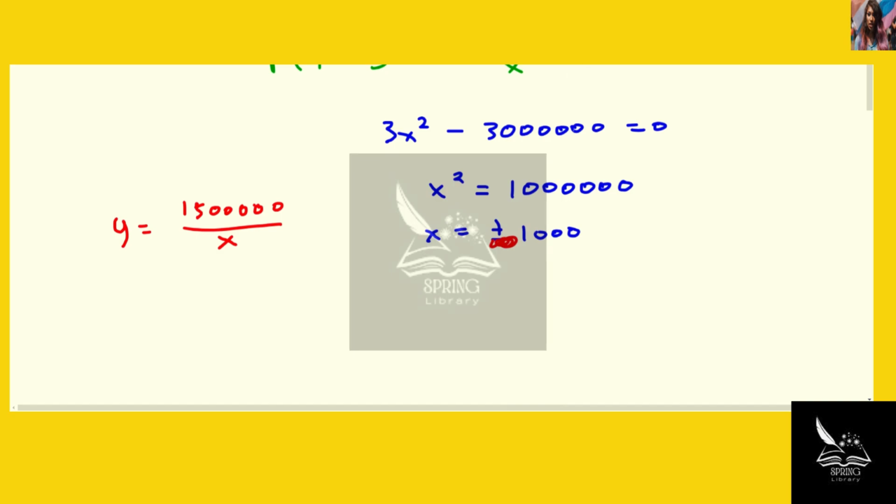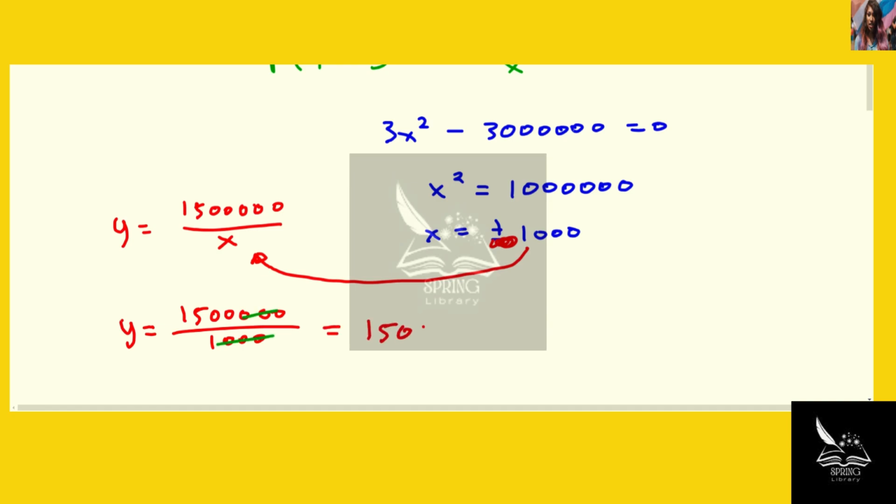So we take this, plug in 1,000 there, so y is equal to 1.5 million divided by 1,000. So we essentially just cancel out 3 of these zeros for each. And so y is equal to 1,500. Oh, and both of these should be in feet, by the way.